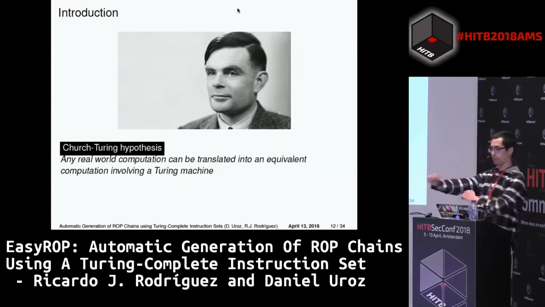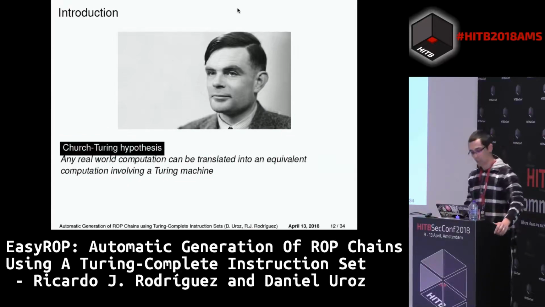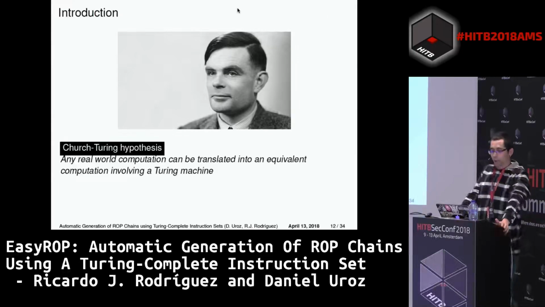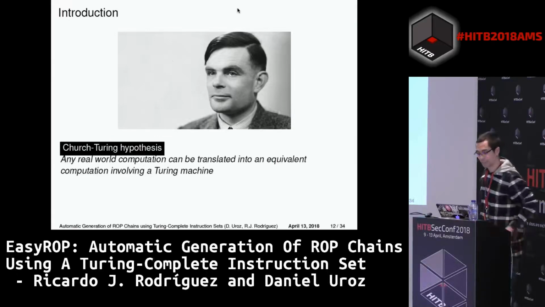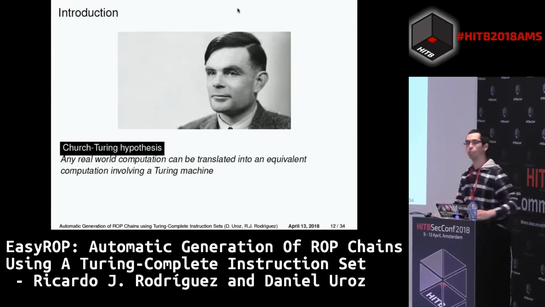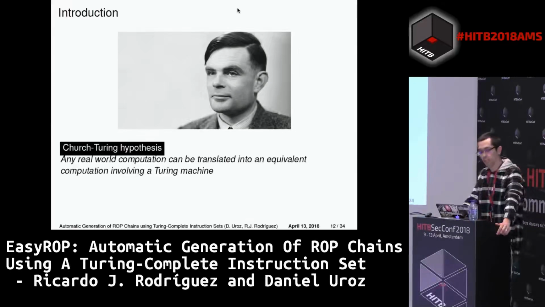so here we have a Turing. Let me recall, if you are not very familiar with computer science, that the Church-Turing hypothesis tells us that any real-world computation can be translated into an equivalent computation involving a Turing machine. Okay, this was said by Church and Turing a few years ago.